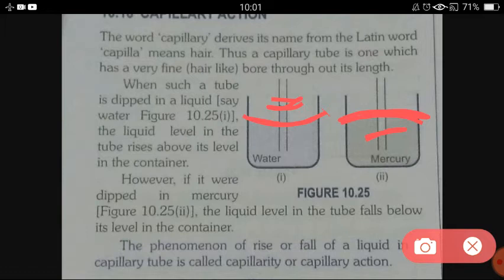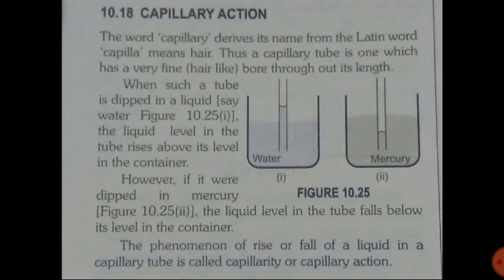Okay, so two types of actions are there in a capillary tube: either the liquid goes down in the capillary tube or it goes up. The direction of motion of the liquid, whether it is going up or down, totally depends upon the nature of the liquid, whether the liquid is very thin or very dense.